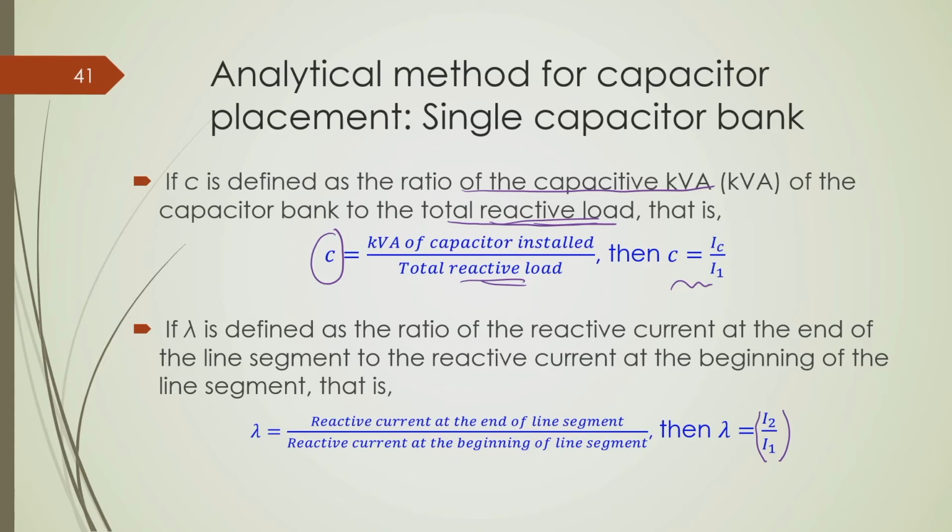Okay. So, if you take this ratio, what will it signify? This ratio is represented with a variable lambda, and it is representing the ratio of reactive current at the end of the line segment to the reactive current at the beginning of the line segment. Okay. So, it has some significance, I will come to that.